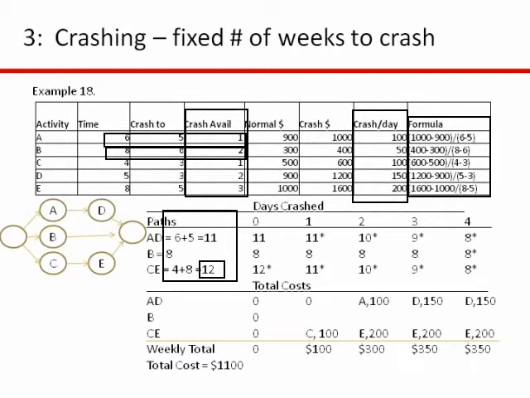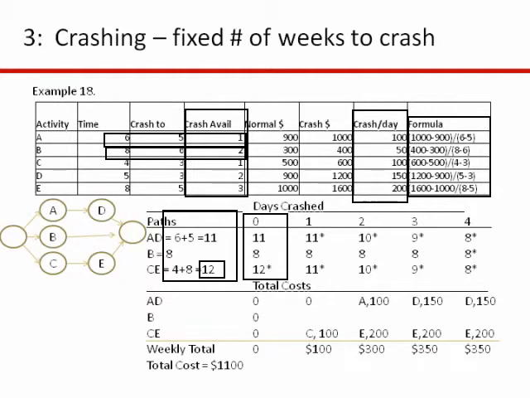All right, so if you're going to shorten this path from 12 to 11, you have to shorten either C or E. All right, so what I have here, so if you don't crash anything, 0 days crashed, you have CE is 12, that's your longest path. So that's where you want to focus, crashing your activities.